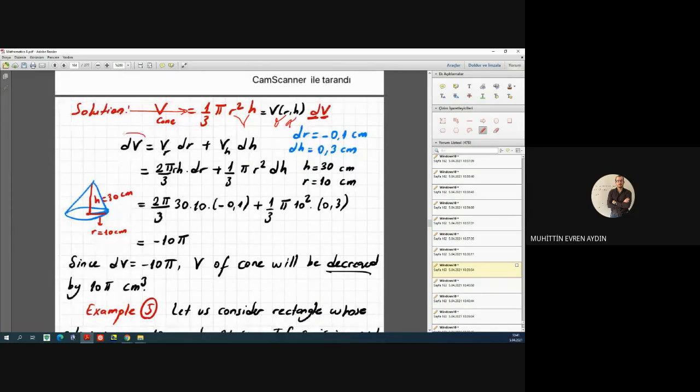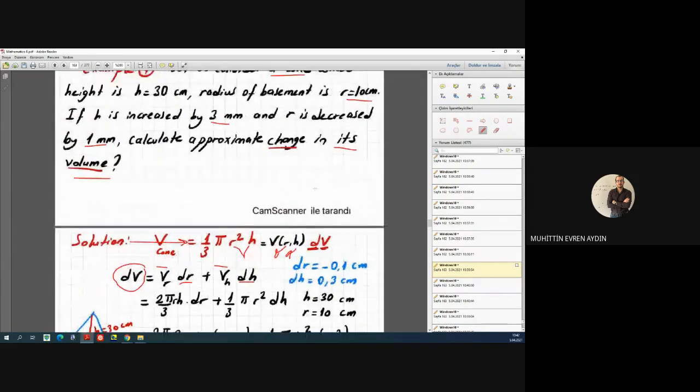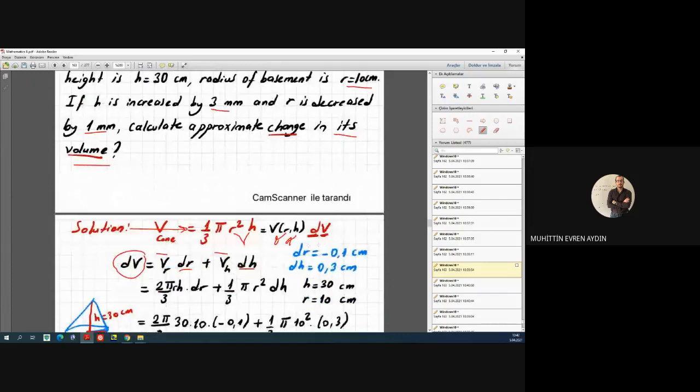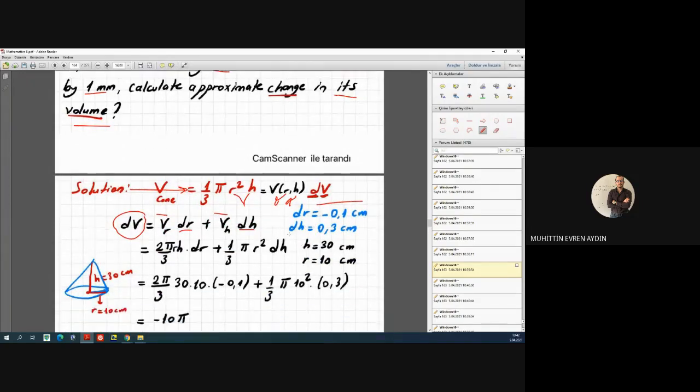The total differential of the volume function is the derivative with respect to the radius multiplied by dr, plus the derivative of the volume with respect to h multiplied by dh. By the way, the change is a decrease in radius and an increase in height.